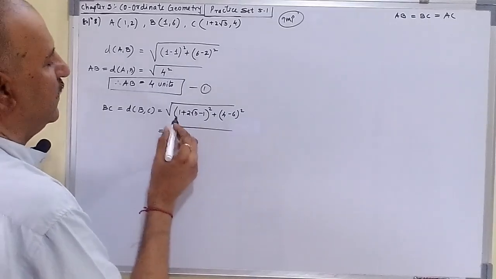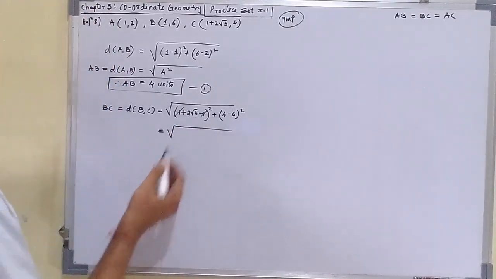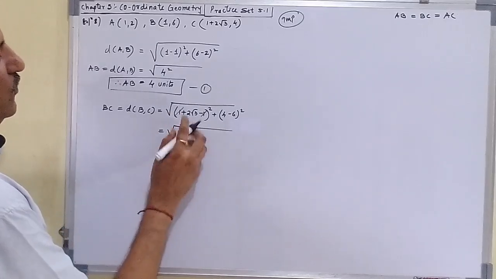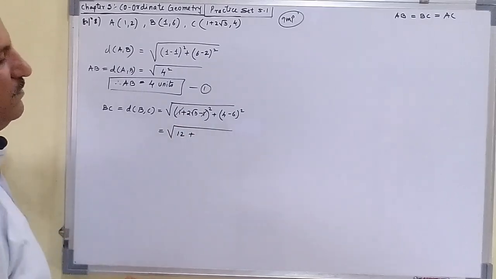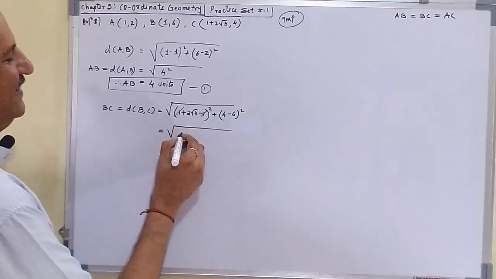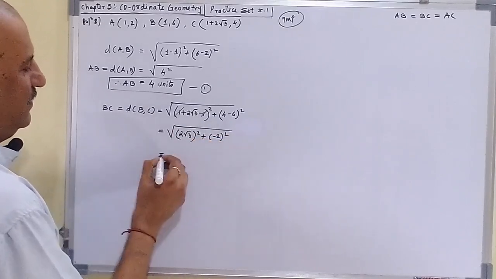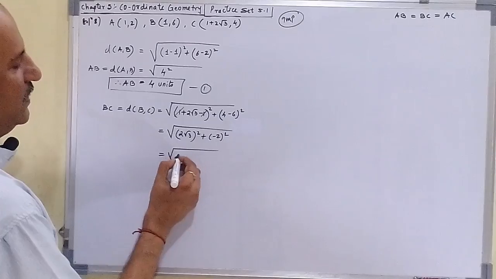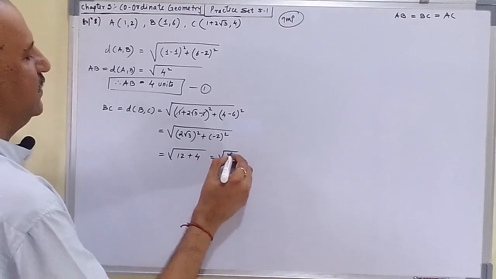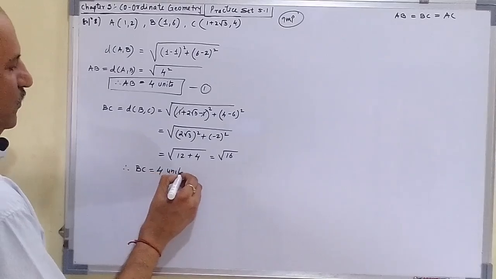So 1 minus 1 goes, leaving 2√3 square. 2 squared is 4, and 4 times 3 is 12, plus 4. This is nothing but √16. So what will be distance BC? BC will be 4 units.